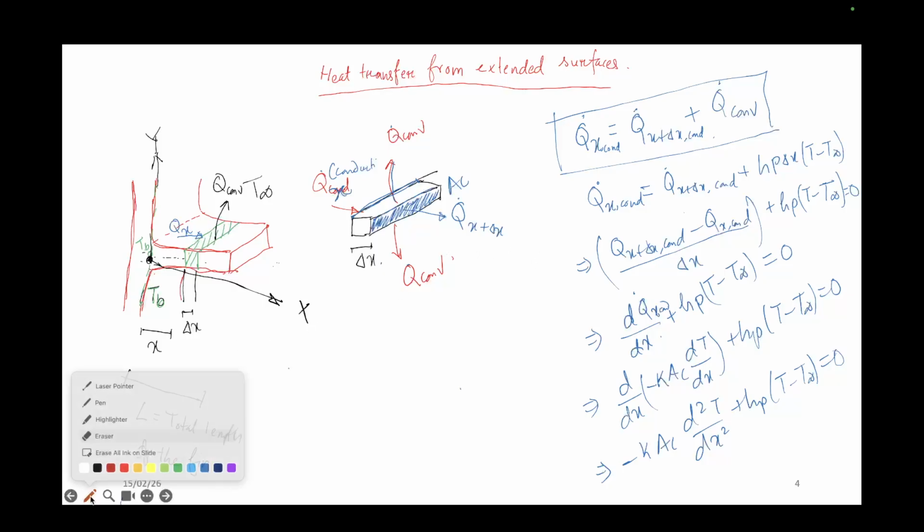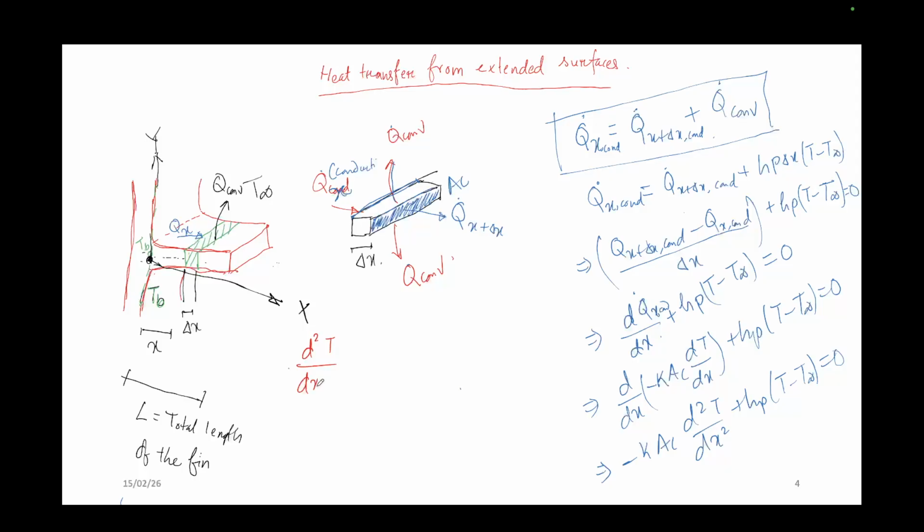So please remember this thing. So now this equation can be written as d squared T by dx square minus hP by kAc (T minus T infinity).